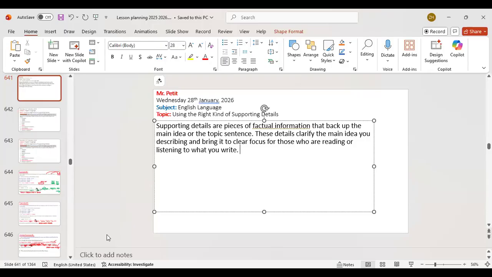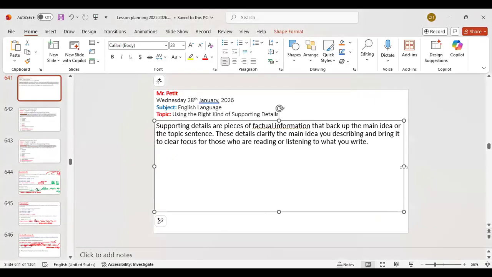Okay, so go ahead, Ayana. Where's Ayana? Yes, sir. Can you read the two sentences on supporting details that we have? Supporting details are pieces of factual information that back up the main idea or the topic sentence. These details clarify the main idea you're describing and bring it to clear focus for those who are reading or listening to what you write.